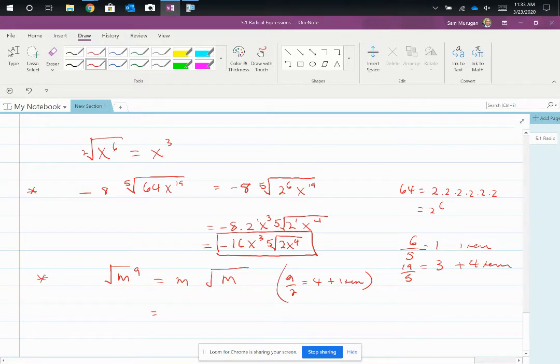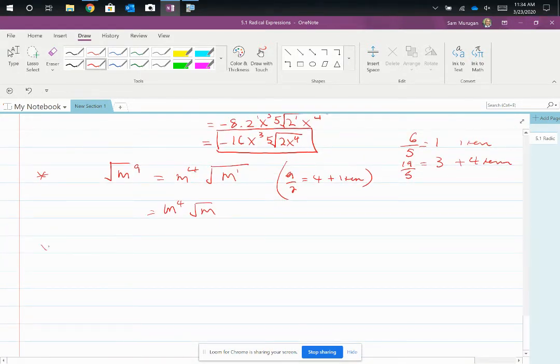So this is m to the 4th power and the 1 remainder, which we would just write as m to the 4th times square root of m. Next, square root of 81 x to the power 9. The square root of 81 is 9. We put an x here. 9 divided by 2 is 4 plus 1 remainder. So x to the 4th, and then the 1 remainder stays in the radical.